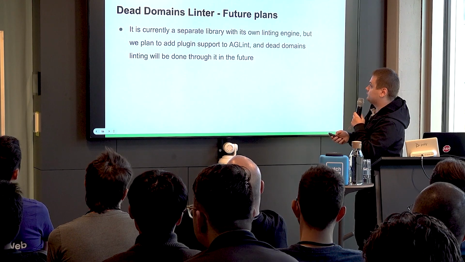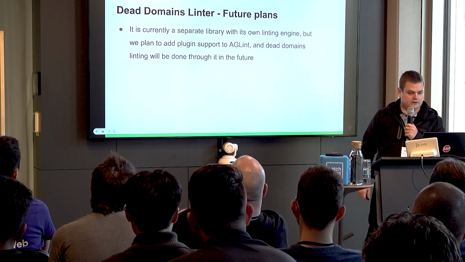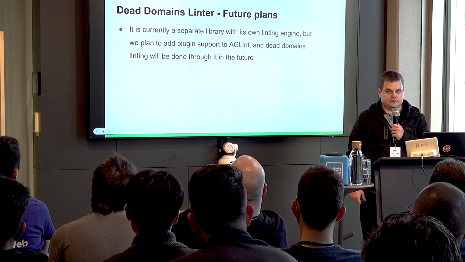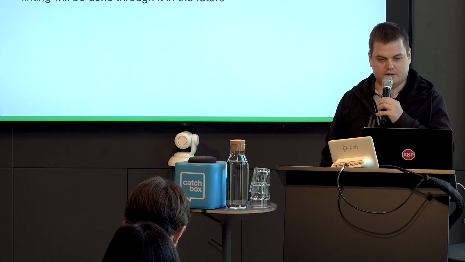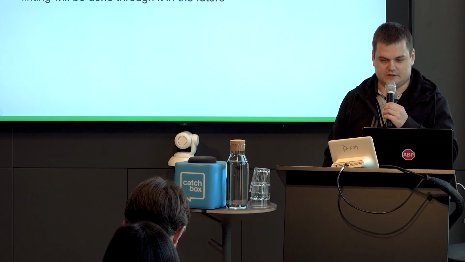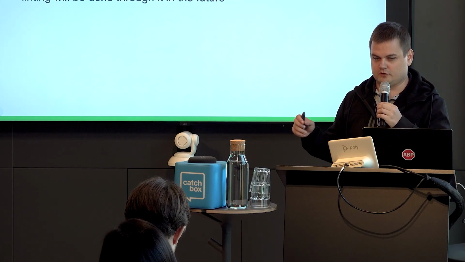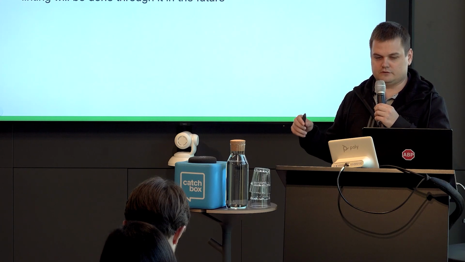And future plans regarding dead domains: since the dead domain check is a relatively complex and time-consuming process, it's currently not a part of AGLint, and instead it has its own minimal linting engine. In the long term, we plan to integrate it with AGLint once AGLint receives plugin support, which will create a more unified linting interface.